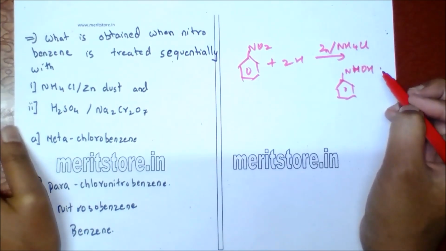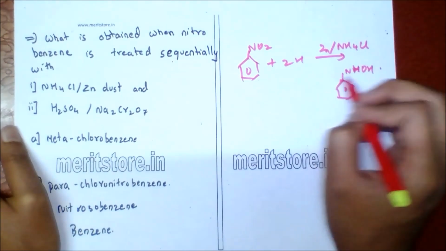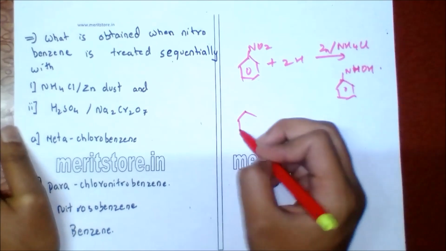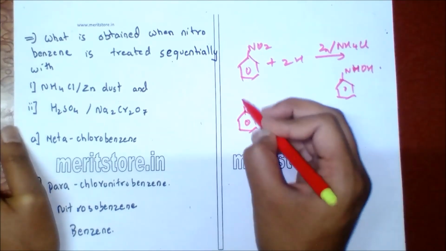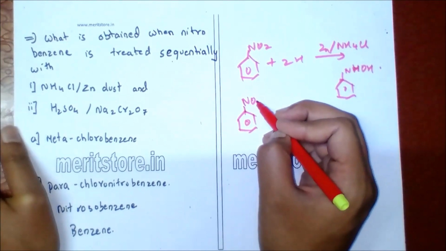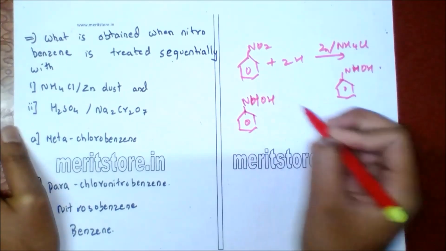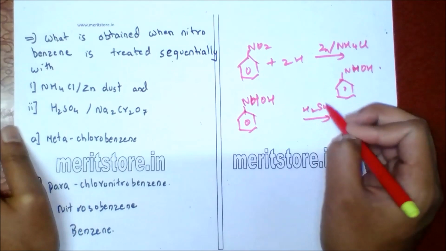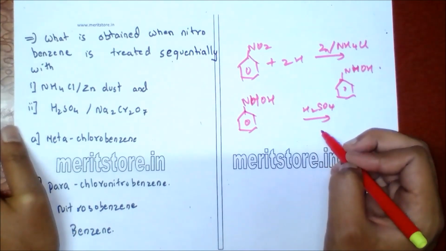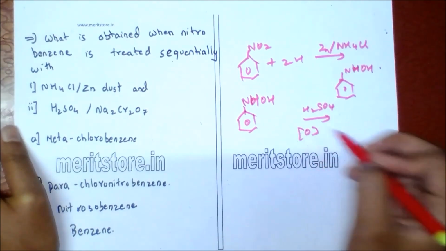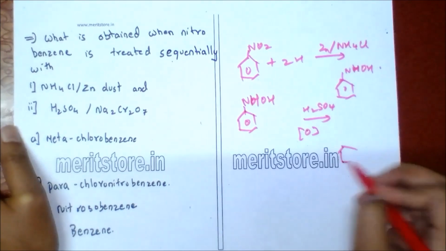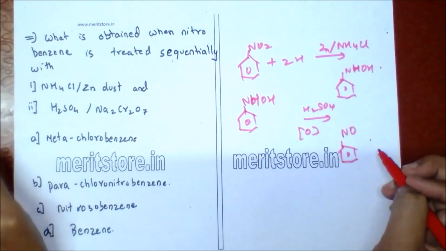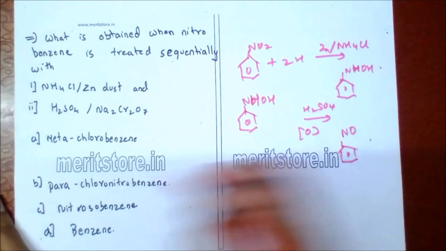Hydroxylamine on warming with any oxidizing agent is easily oxidized back to the corresponding nitroso compound. So this phenyl hydroxylamine on reaction with H2SO4 in presence of Na2Cr2O7 and oxygen will give nitrosobenzene. So option C is the correct answer.